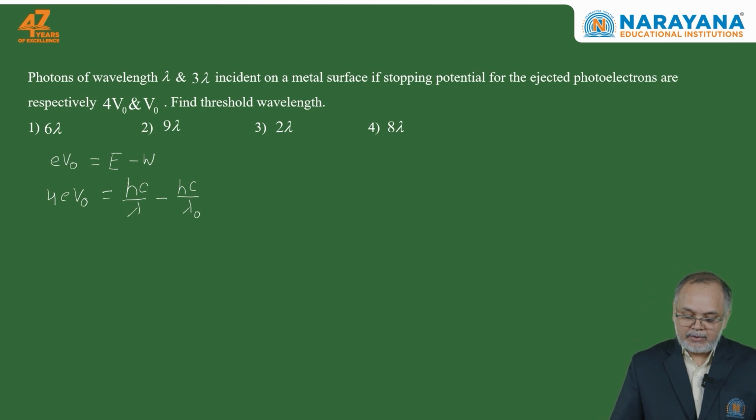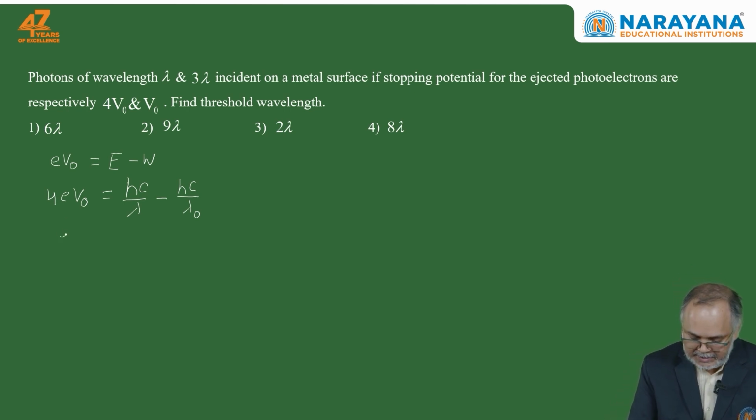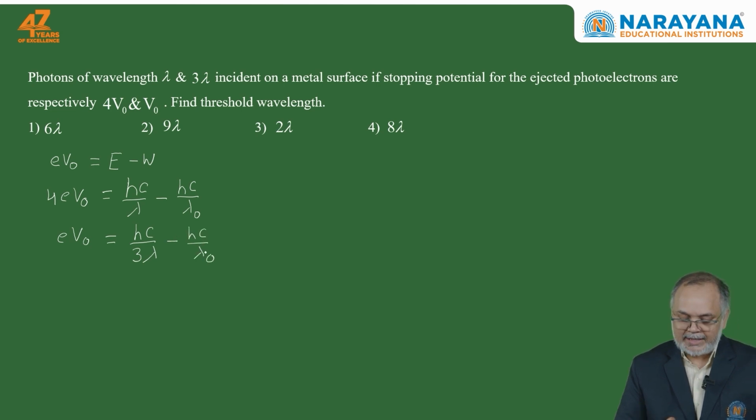Now the next equation we can make, when the wavelength is 3 lambda, then stopping potential is V0. So equation we can write: eV0 is equal to hc by 3 lambda minus hc by lambda naught. This is the second equation.